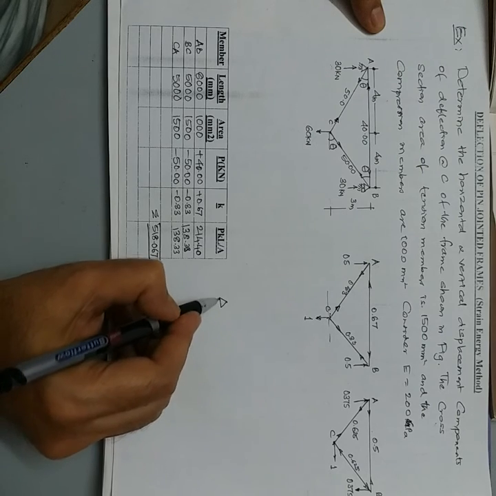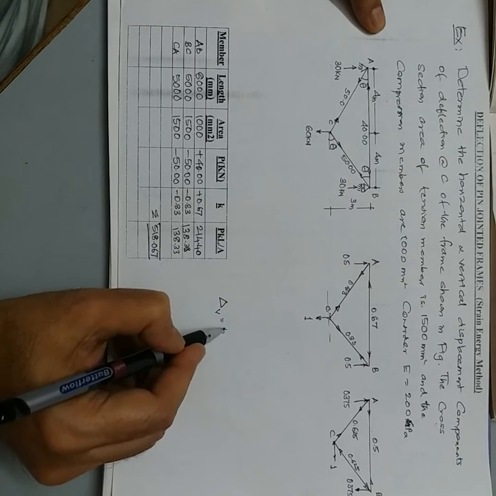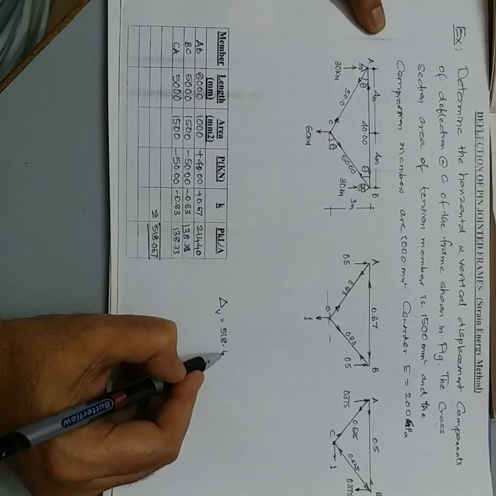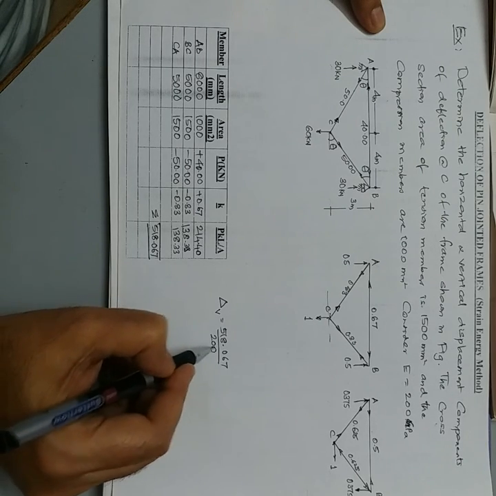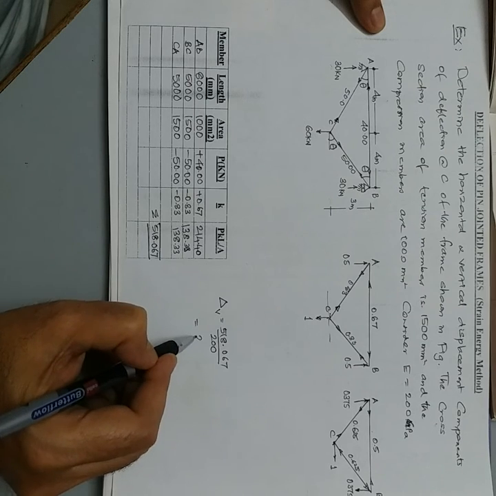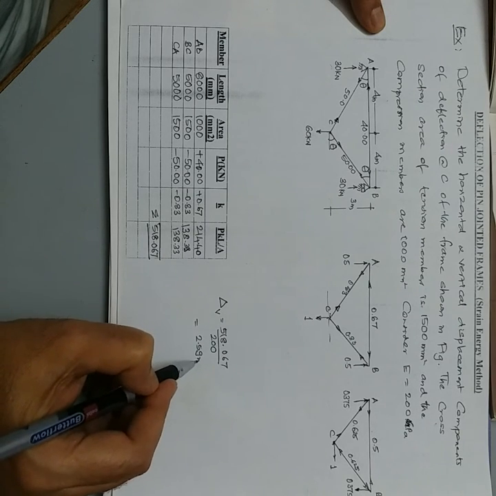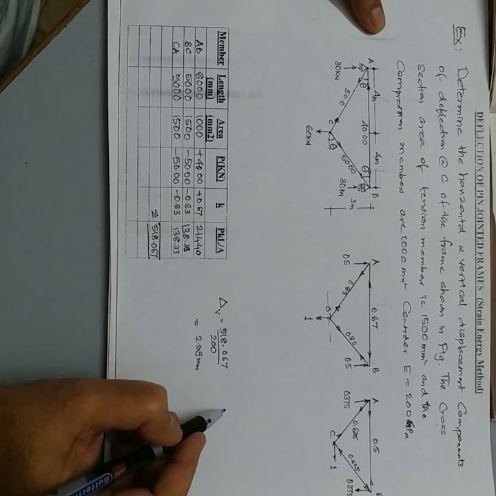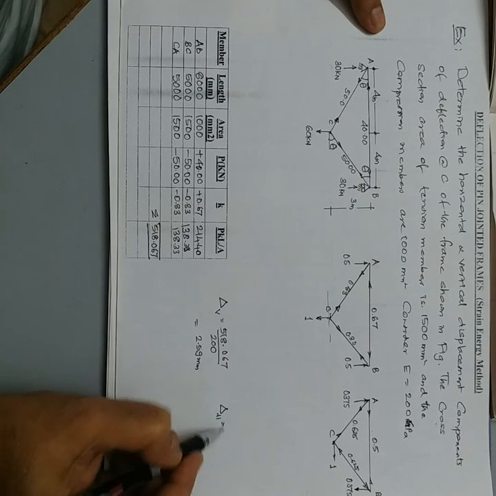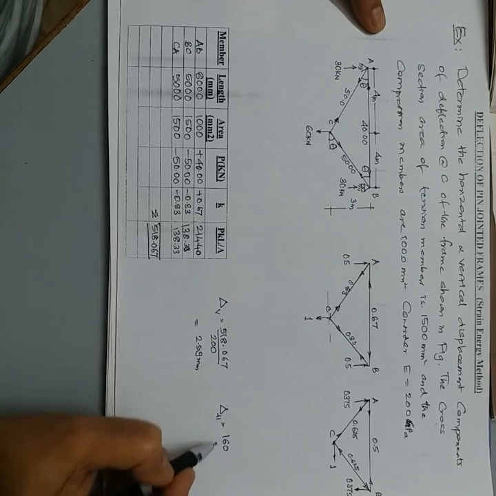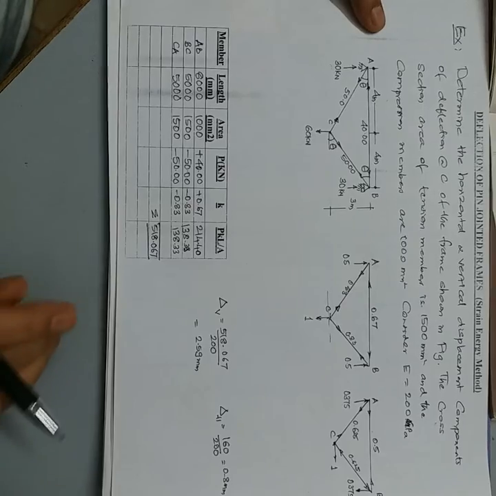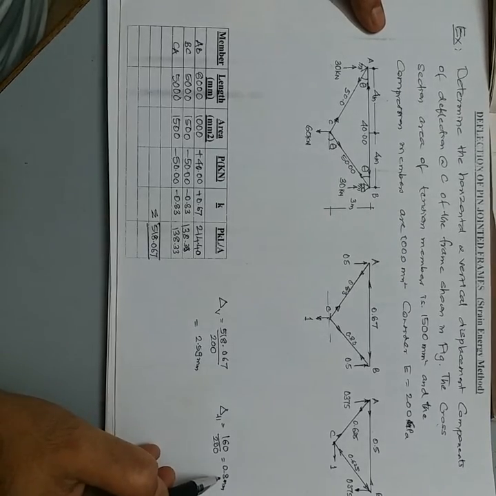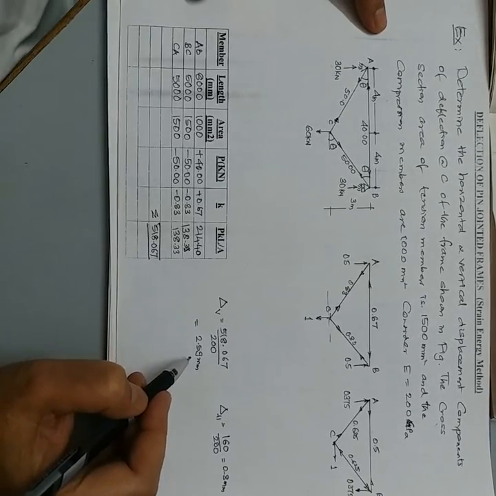So vertical deflection will be equal to 518.067 divided by 200. So this will be equal to 2.59 millimeter. Similarly, if you take for horizontal deflection, we have 160 by 200, that is 0.8 millimeter. So this is horizontal deflection and this is vertical deflection.